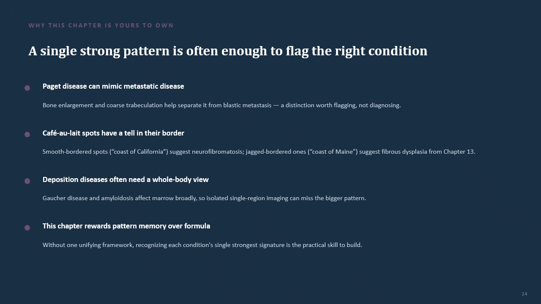They're usually going to check the entire body, not just that one spot. If they did not do that, they might miss a pattern and misdiagnose the patient. So again, with Gaucher disease and amyloidosis, they're going to check the whole body or entire body, not just for one spot, to figure out what is going on with the patient.